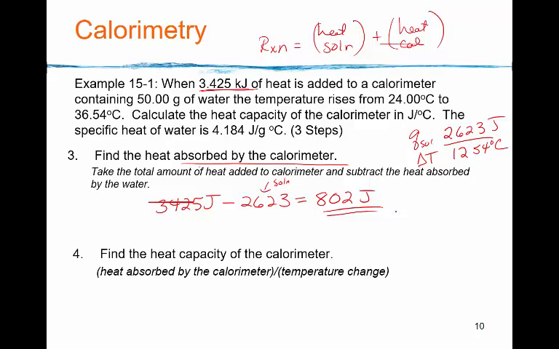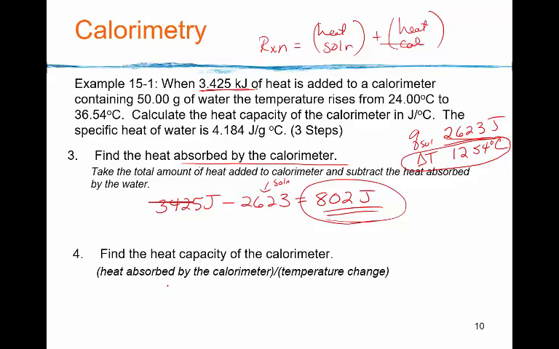If we're going to find the heat capacity of the calorimeter, we now know that we have 802 joules that was absorbed by the calorimeter, and we know the temperature change was 12.54 degrees C. The heat capacity is the heat absorbed by the calorimeter per temperature change, so per degree C, if you will.